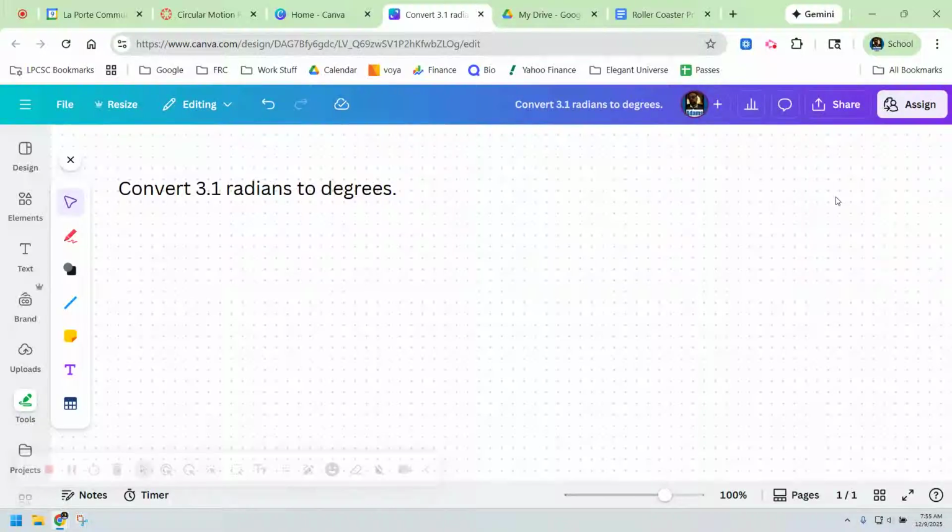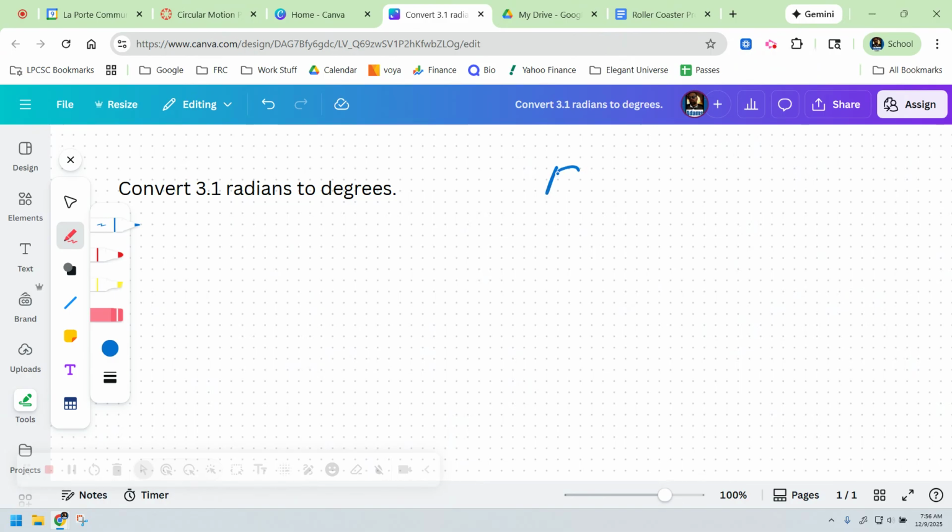All right, so for this one, converting radians to degrees, we just have to remember the relationship between radians and degrees. So remember that 180 degrees is equal to pi radians.